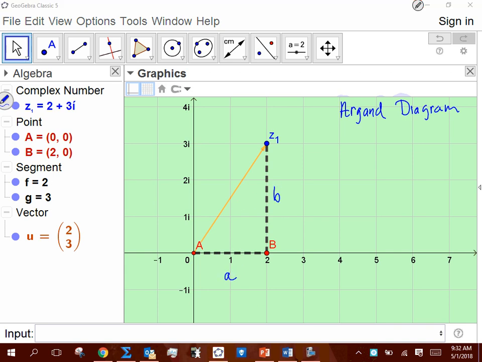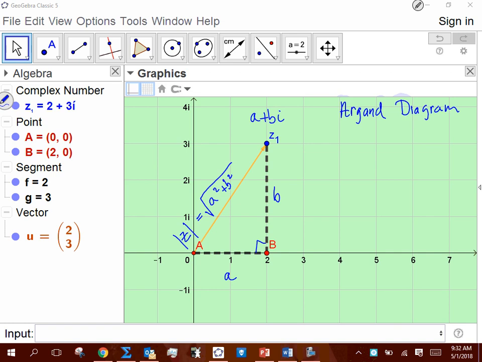This distance here was some B amount that was relatable to the A plus Bi, right? If I want to find this orange line here, can't I take A squared plus B squared and take the square root of that? Does that make sense? Okay. What am I using there? Pythagorean theorem, right?